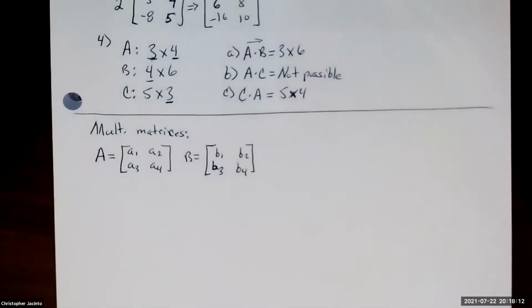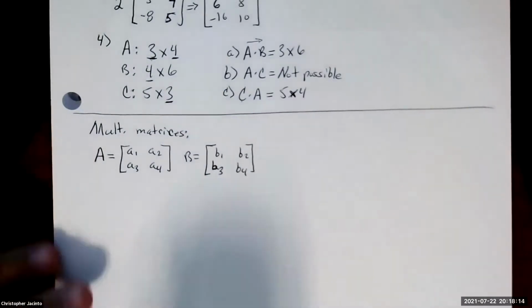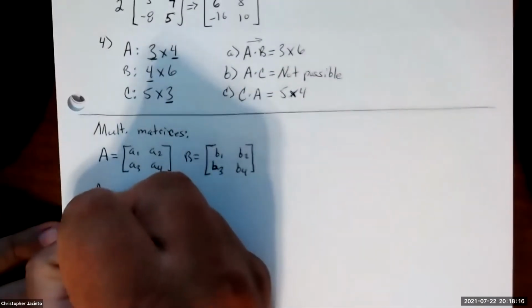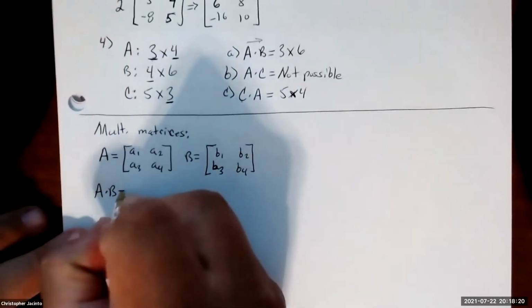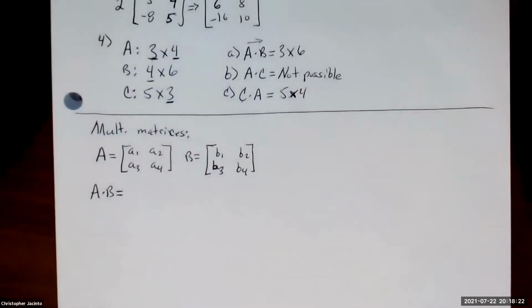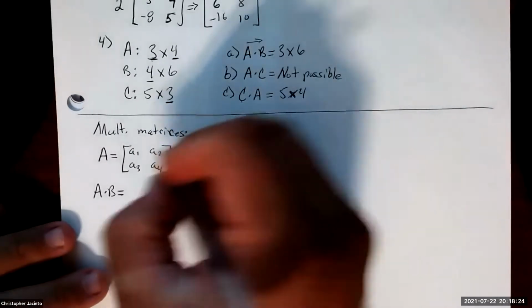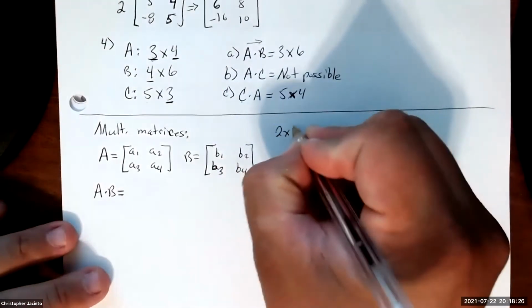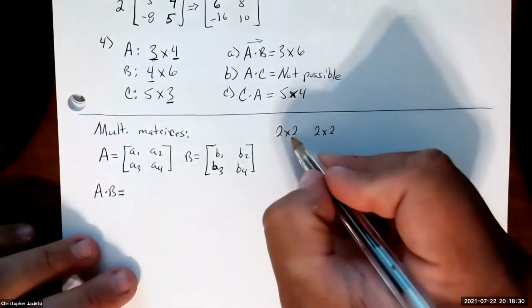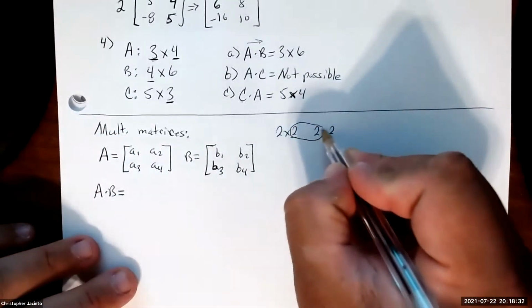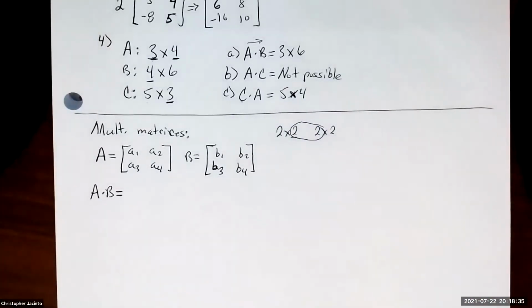And we're going to be doing A times B. So it would work. A 2 by 2 and a 2 by 2 will give us a result that is also a 2 by 2.